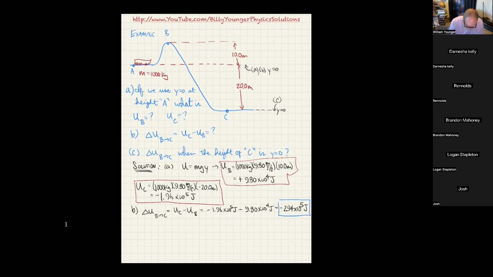Now we're going to do the same thing for the height being 0 at height C. So now I'm going to say delta U B to C is equal to UC minus UB.